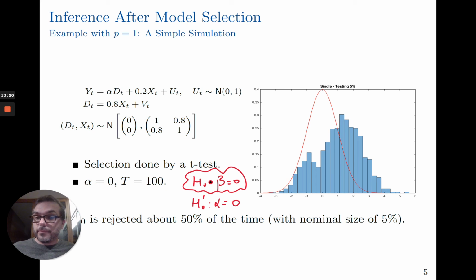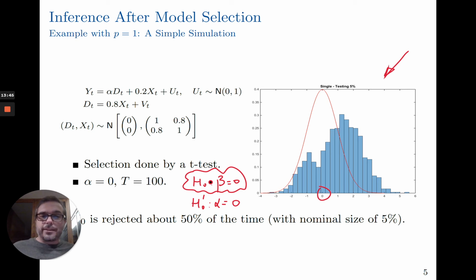What happens is what we see here in the picture. The theoretical distribution of the alpha estimates by the OLS theory will be centered at 0 with a Gaussian distribution.